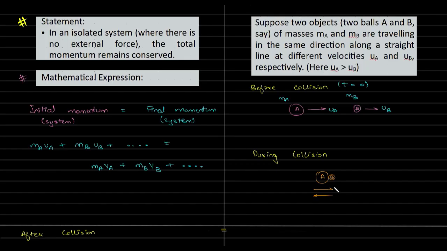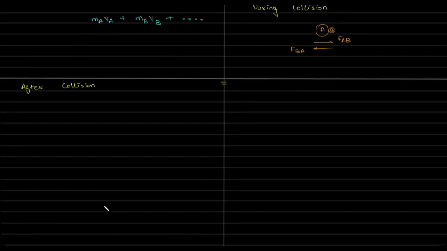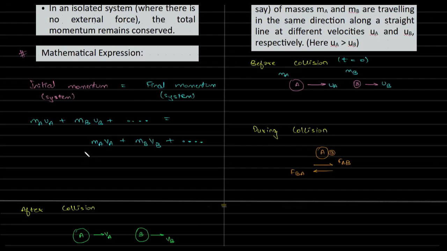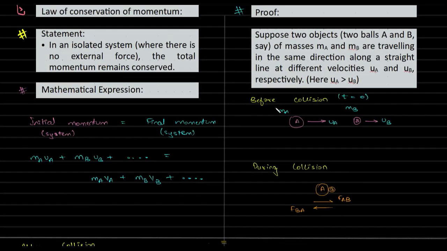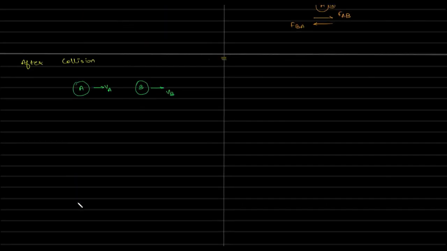As per the third law, what does it tell? For every action, there is an equal and opposite reaction. So these two forces will be equal in magnitude but opposite in direction. This is what happens during the collision. And after the collision, the objects may move like this, this having a velocity of VA and this having a velocity of VB. So this is your entire picture before, during and after collision.